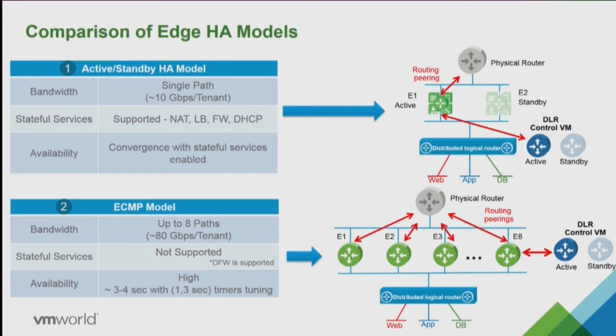We've got a second mode, which is ECMP, where we've got way more bandwidth for the north-south traffic. We can have up to 8 different paths, so that would be at least 80 gig, and we can do even further with the right NICs. But the caveat is that we do not support stateful firewalls in this case.